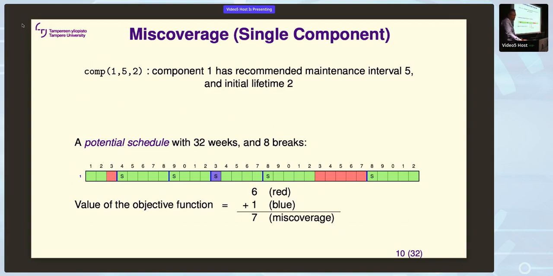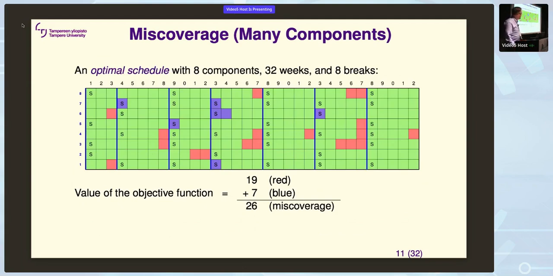We generalize this to the case of multiple components, and then we again compute over all the components how many blue and red boxes we have. One important thing to note here is that all components are part of one single machine.